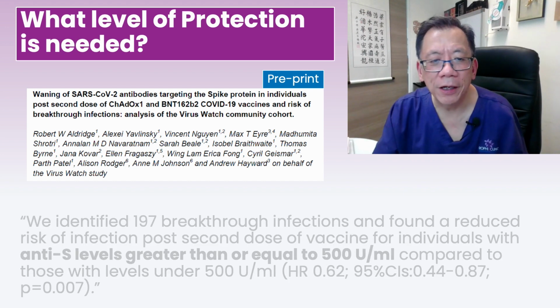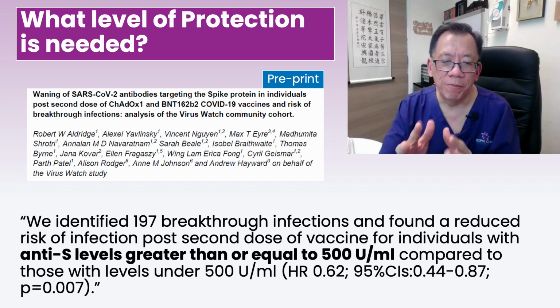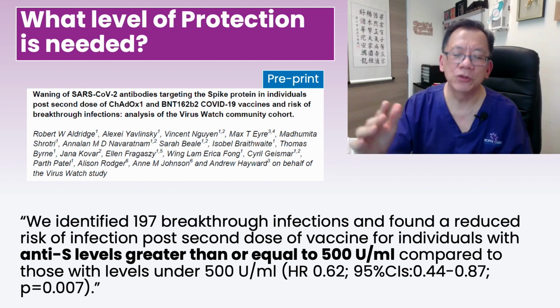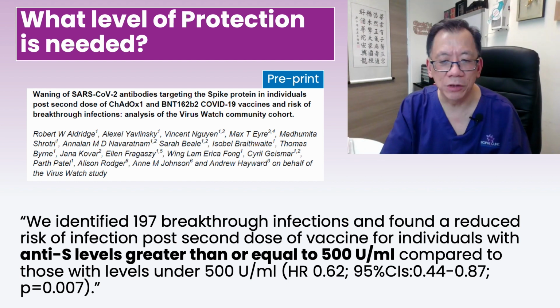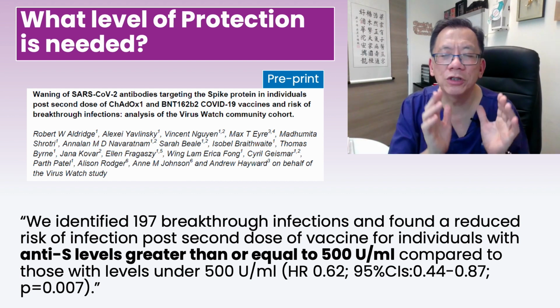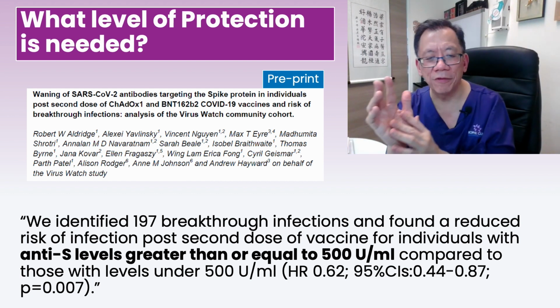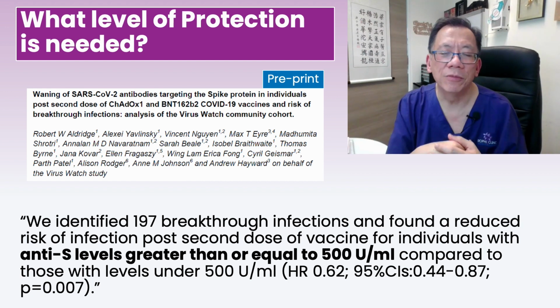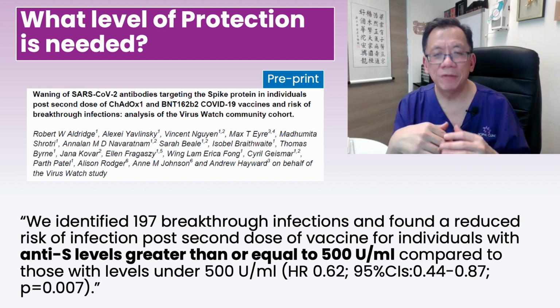In this paper, they showed that breakthrough cases do occur when the anti-S antibody levels were less than 500 units, and this was with the Roche kit. If the Roche reading is less than 500, you are likely to fall sick from COVID-19 with the Delta strain.